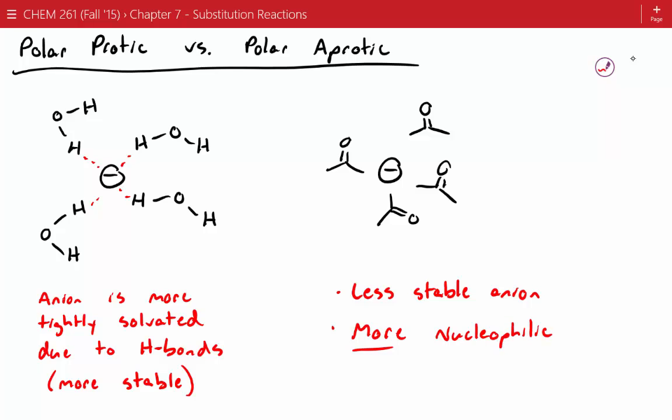All right, so if we're thinking about an SN1 versus SN2 reaction, which reaction do we want a really strong nucleophile? SN1 or SN2? SN2.